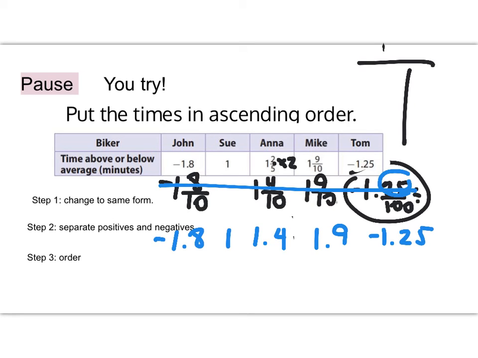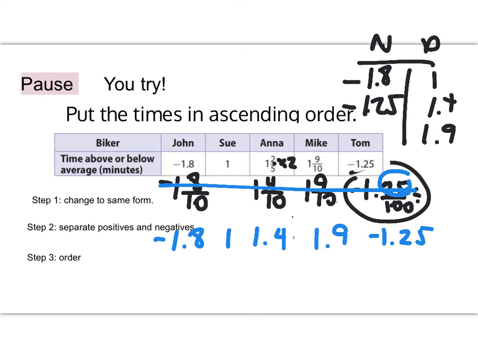Okay, I have negative 1 8/10 and negative 1 25 hundredths. These are my negatives. My positives were 1 4/10 and 1 9/10. And again, I'm going to add those trailing zeros to make it easier to look at.